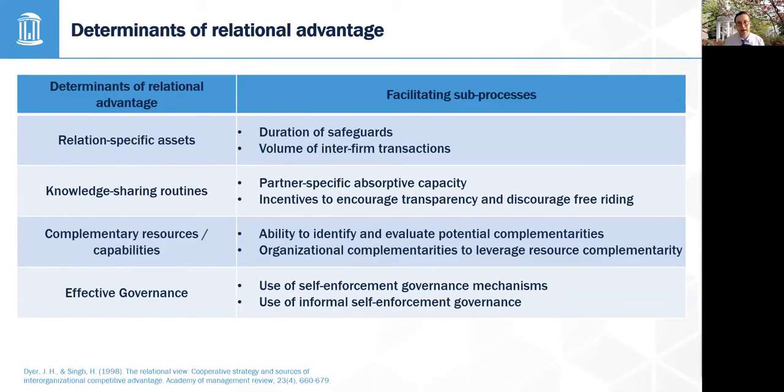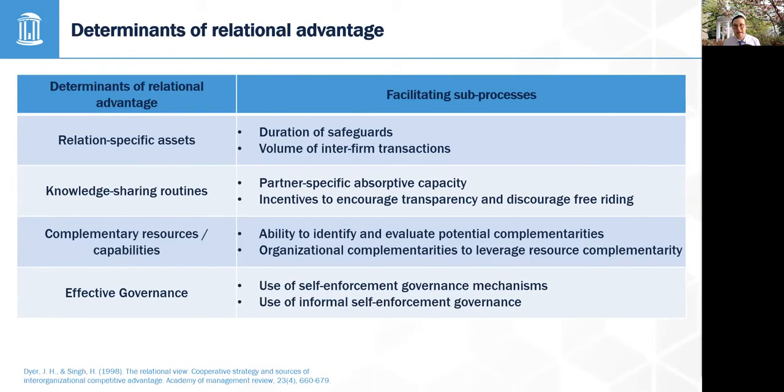You can share knowledge more effectively with a strong relationship. You can develop complementary resources. In terms of effective governance, this is thinking about holdup and opportunism and how strong relationships can overcome those risks without incurring the costs of either internalization or litigation or things like that.